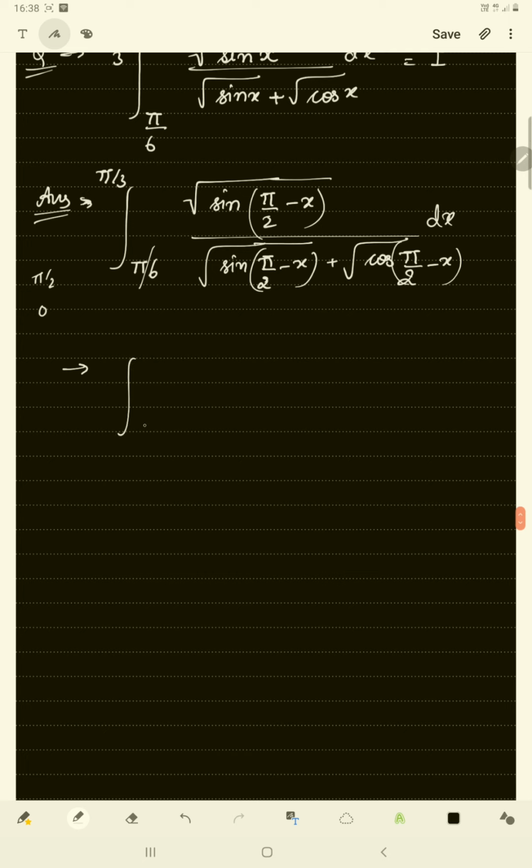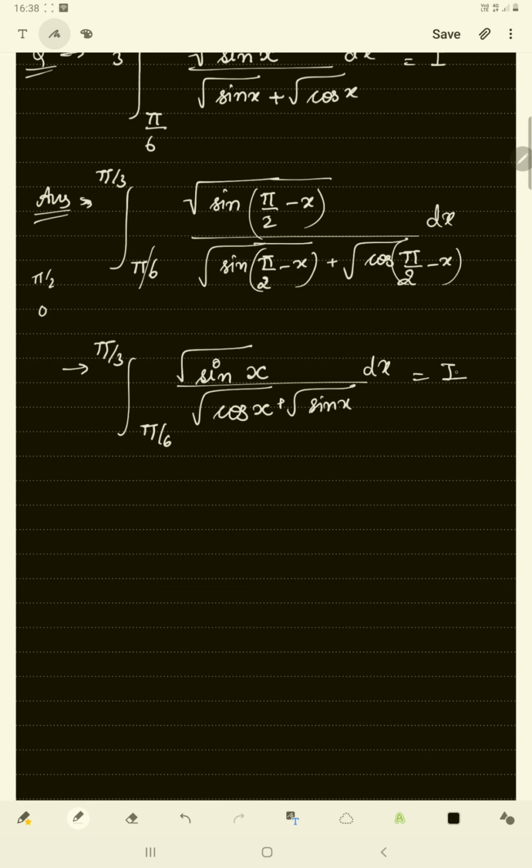Now solving this further, we have pi by 6 and pi by 3. We know that sine of 90 minus theta is cos theta, and in the under root also we get cos x plus sine x dx.